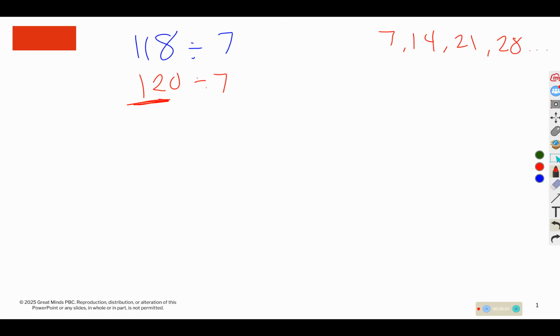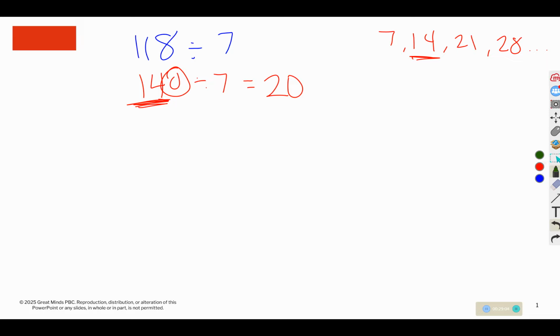So 12 or 120 might not be the best choice when rounding here. We may choose instead to round it to 140 because 14 is a multiple of 7. 14 divided by 7 is 2. So 140 divided by 7 would be 20.